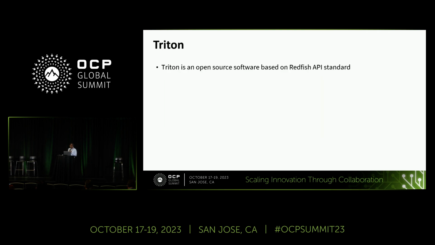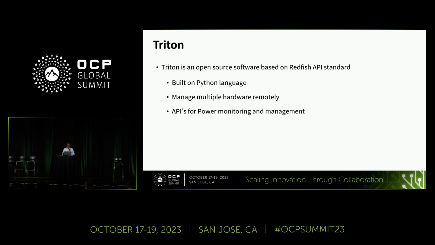What is Triton? Triton is open source software based on the Redfish standard. It's built on the Python language, which is a predominant language being used in the IT industry. With Triton, we can manage multiple hardware remotely at scale.